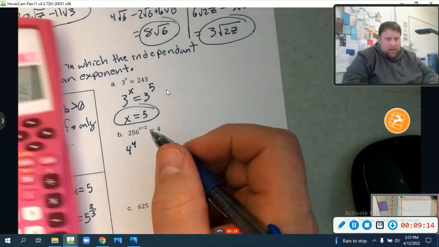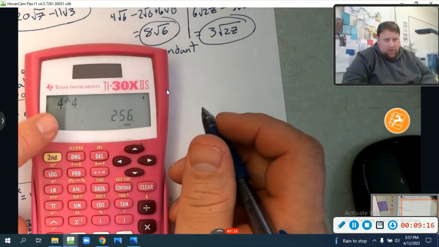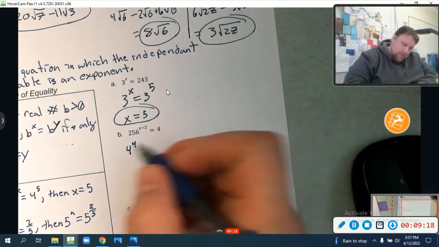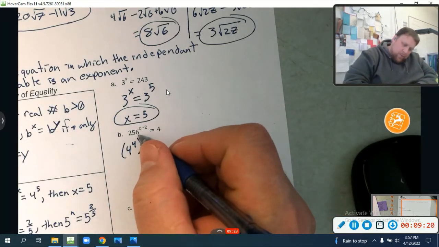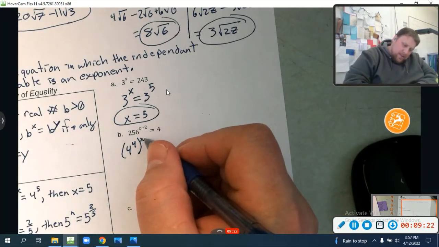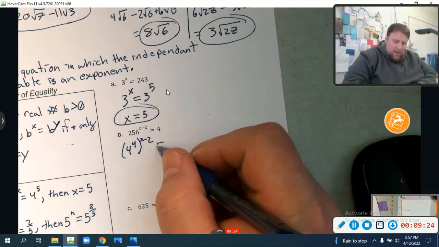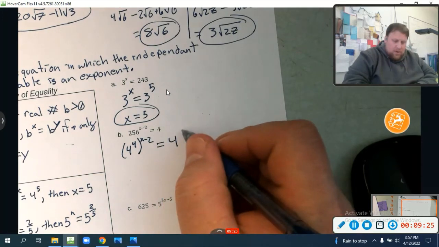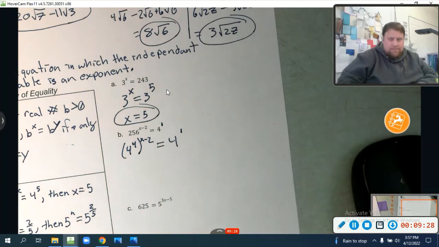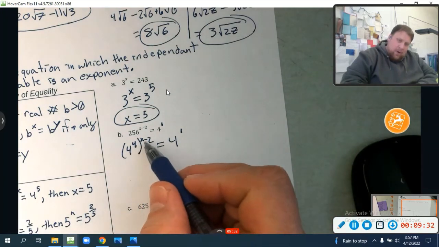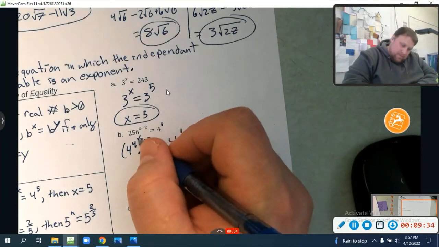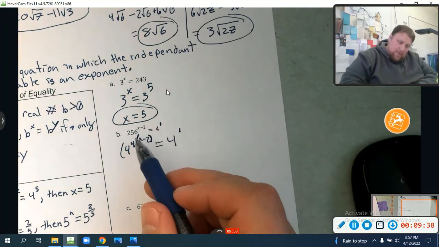So I can rewrite this 256 as 4 to the 4th power. Why? Because we just proved it. 4 to the 4th power is 256. But don't forget, we raised that 256 to the x minus 2. And that equals 4 to the 1 power, right? There's a 1 there even though we don't see it. Now, whenever we have a power to a power, and it's to that whole thing, then we have to distribute this.